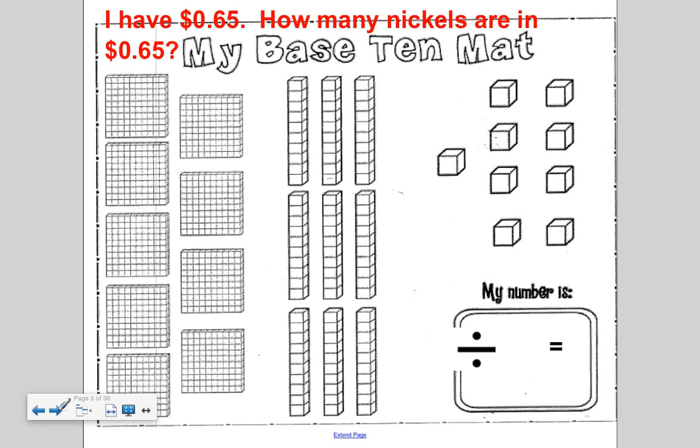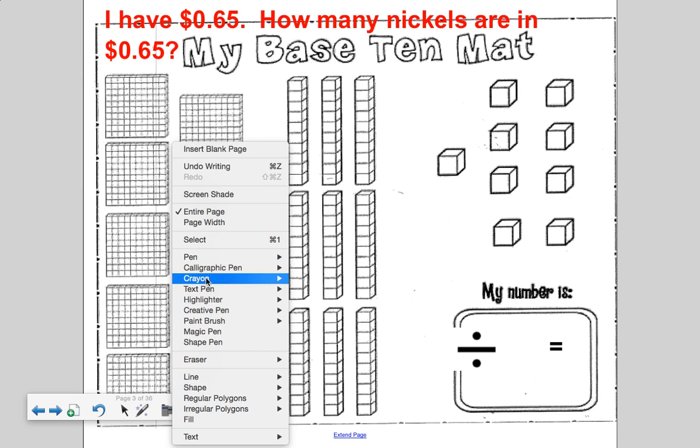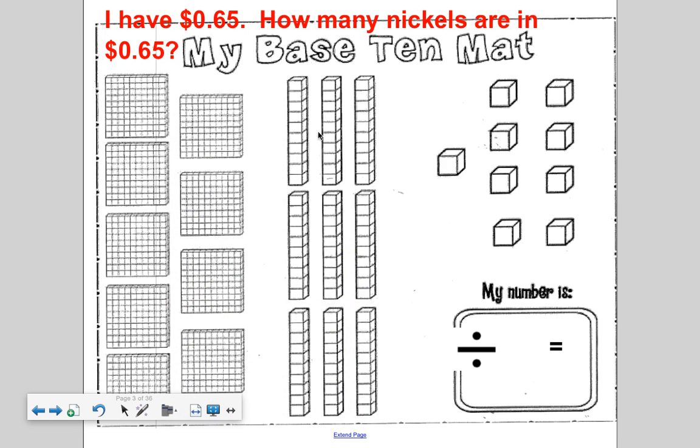So today we're going to learn how to divide decimals. Let's get on my highlighter. I have 65 cents. 10 cents, 20 cents, 30 cents, 40 cents, 50 cents, 60 cents, and 65 cents.